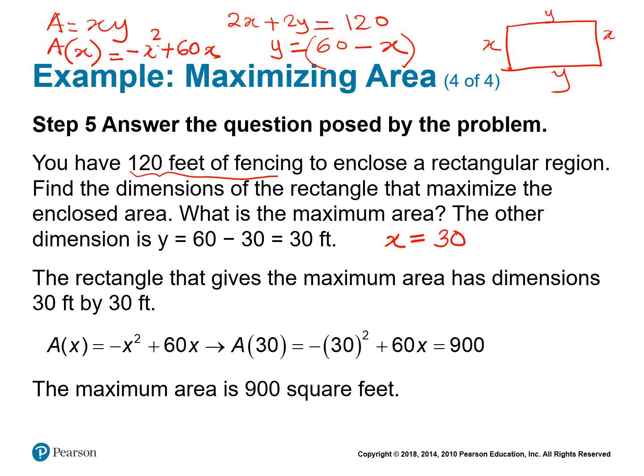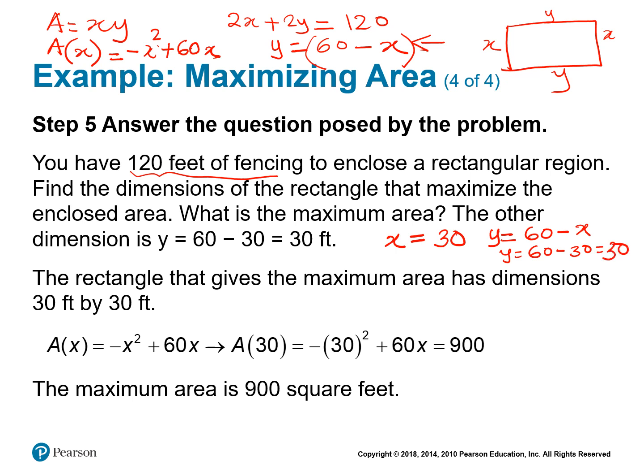So if x equals 30, then going back to the formula y equals 60 minus x, I'm going to plug in 30 for x, and y is also going to be 30, correct?